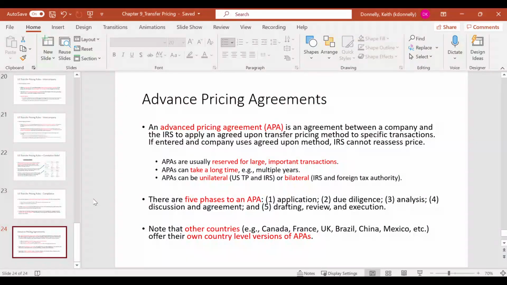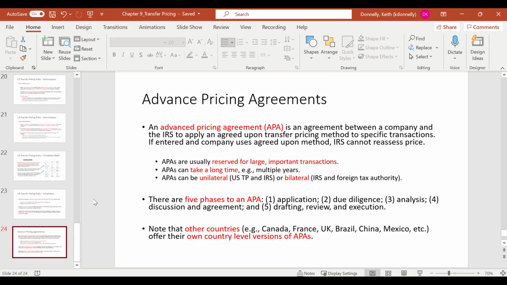If you have a big transaction between companies that you are having difficulty establishing a price for, you should complete an advanced pricing agreement. This is an agreement between a company and the IRS to apply an agreed upon transfer price to specific transactions. If entered into and the company uses it, then the IRS cannot reassess that price.